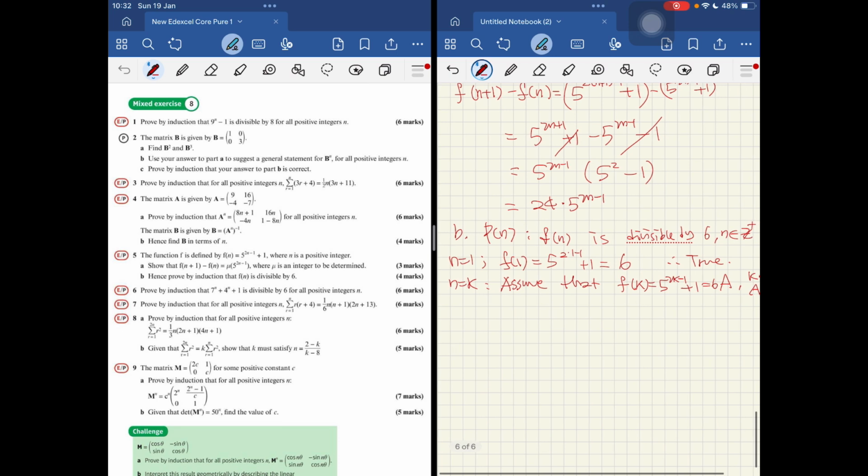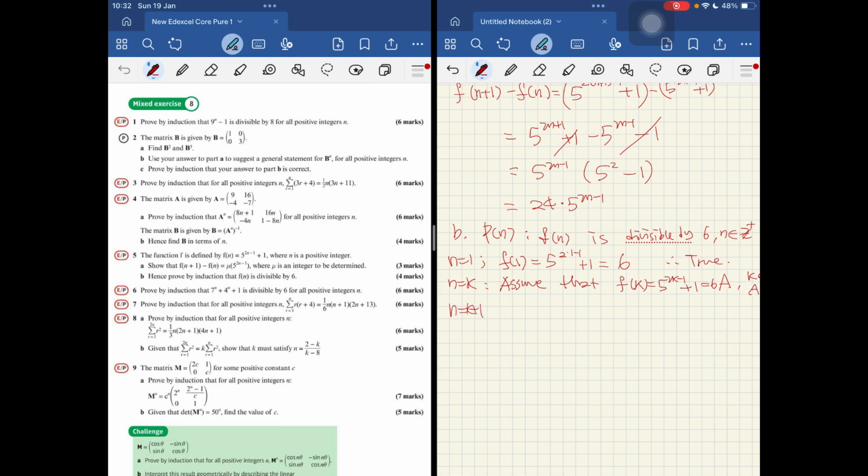And n equals k plus 1. F of k plus 1 equals 5 to the 2(k plus 1) minus 1 plus 1, and 5 to the power 2k plus 1 plus 1.